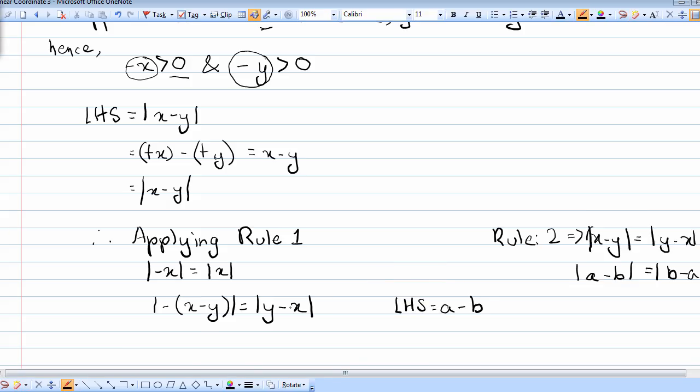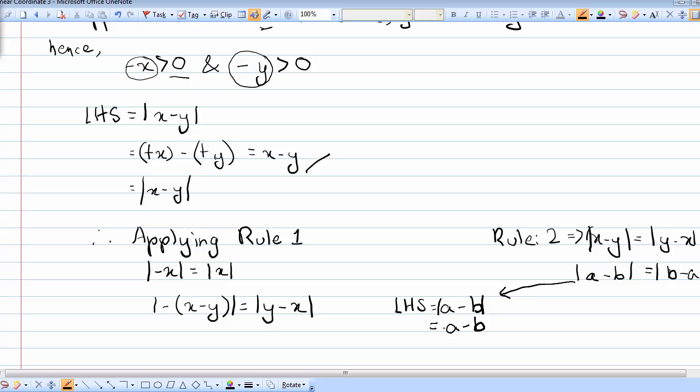So now you can see that the left hand side from this part contains a minus b, or you can also say this is the absolute value of a minus b, and from this part we can also write a minus b.